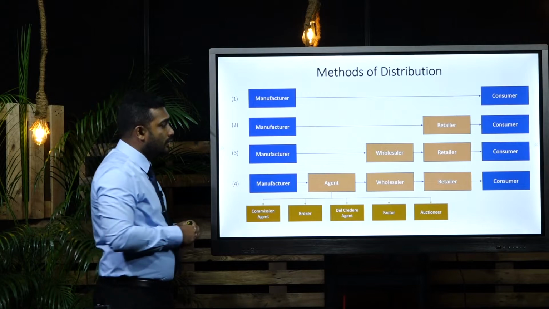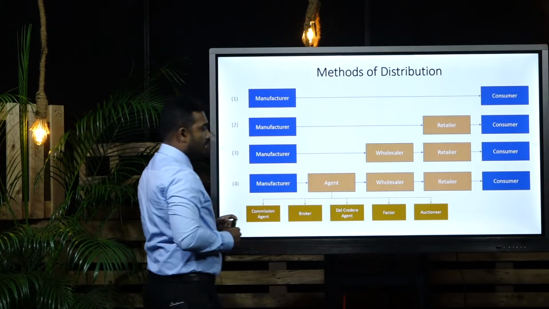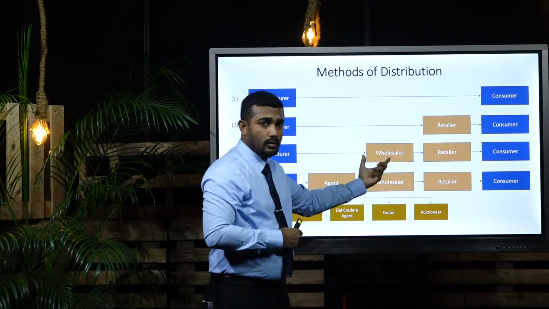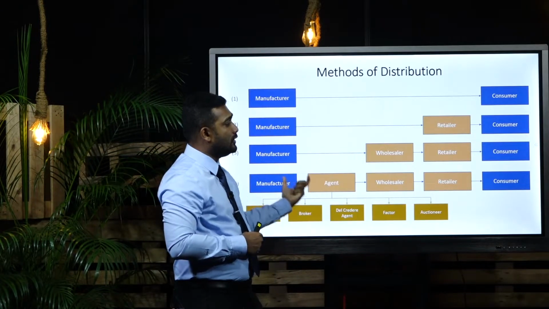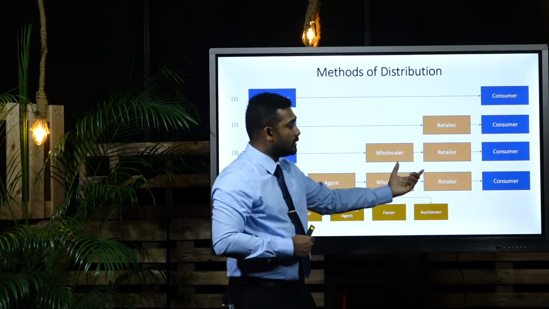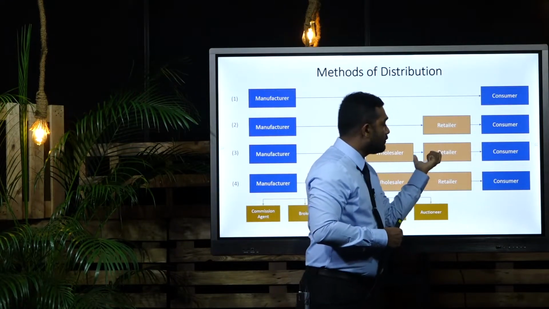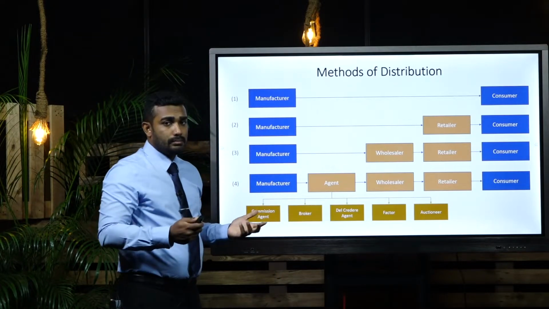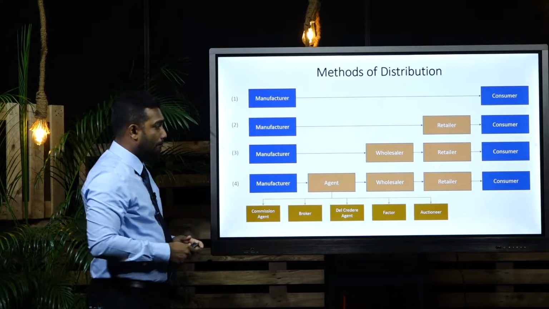This might be the way. The manufacturer gives the product to the wholesaler, the wholesaler gives it to the retailer, and the consumer gets the product from the retailer. There are many examples, so I have given a few.